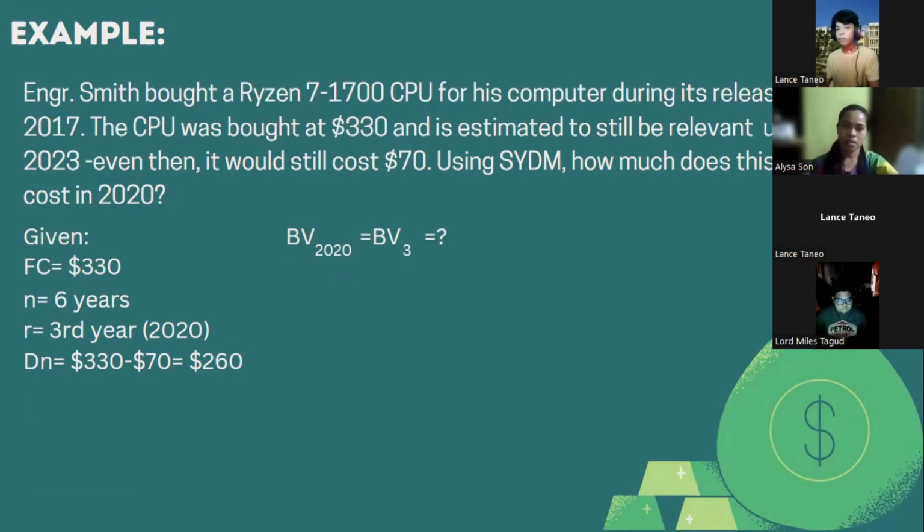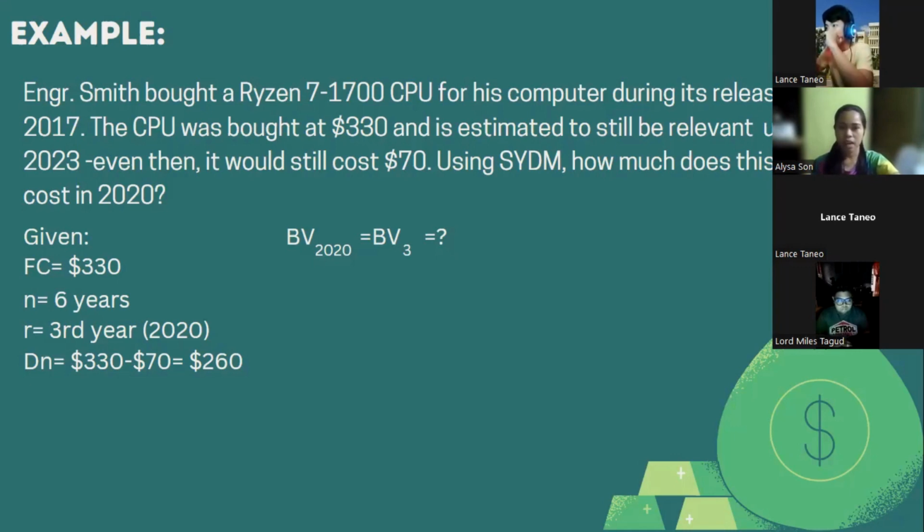The first cost is $330 and N is equal to 6 years because the CPU was bought in 2017 and it can still be used in 2023. Third, our R is equal to the third year.